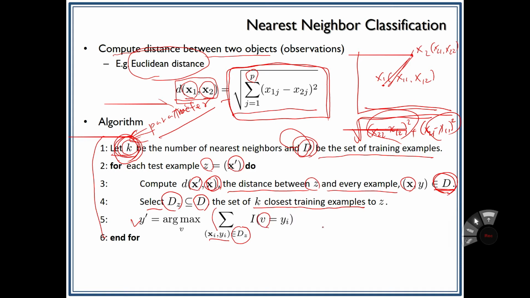So in the two-class case, v is either positive or negative; in the case of three classes, v can be like A, B, or C. Anyways, for example, in this binary case, if the class label of the ith object in this D sub Z is v, then this indicator function returns 1. So this one is an indicator function.